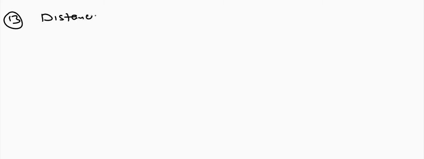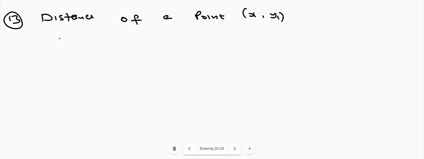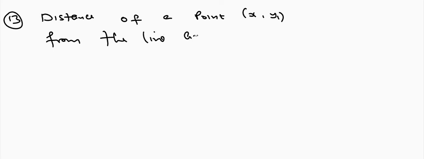Next, number 13. Distance of a point x1, y1 from the line ax plus by plus c equal to 0.